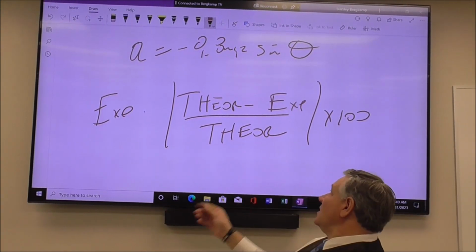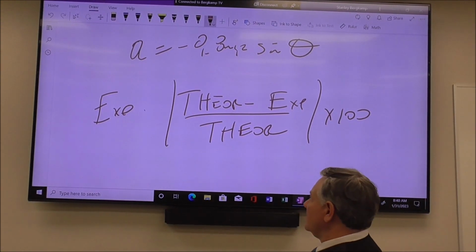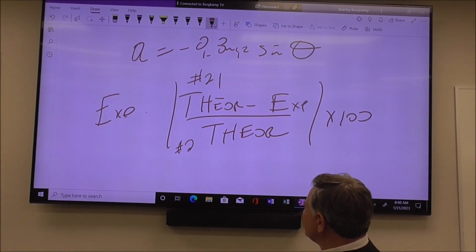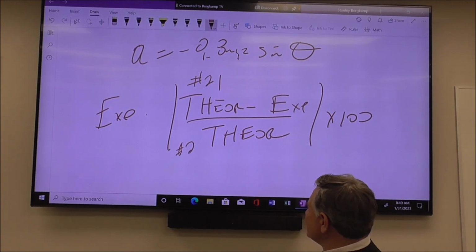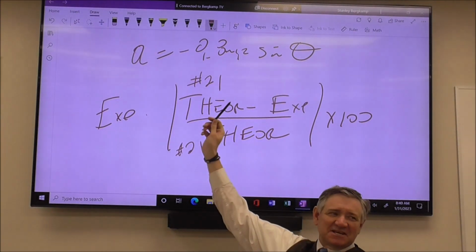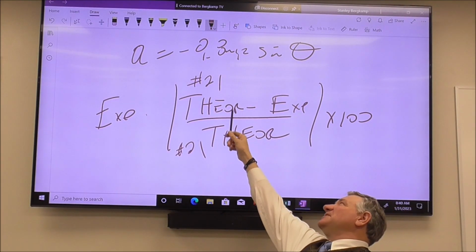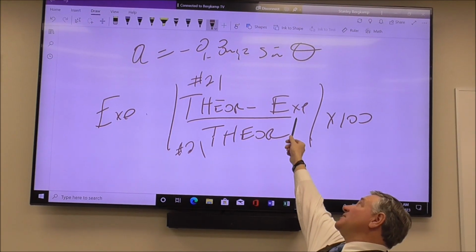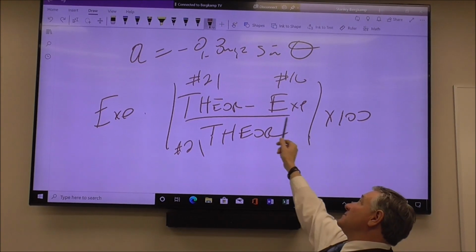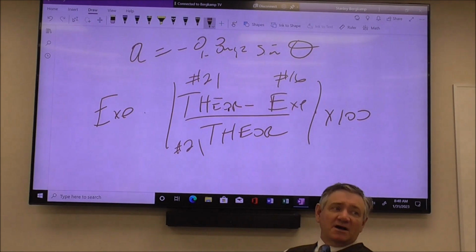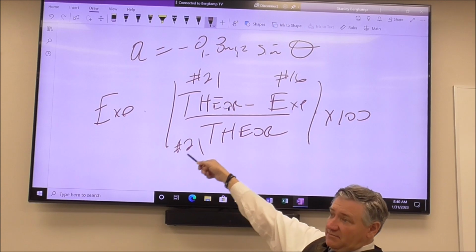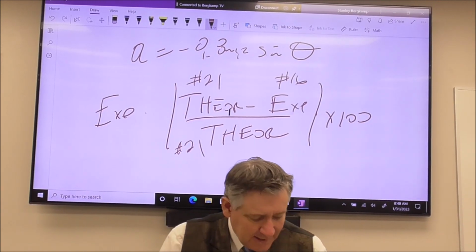So you take your answer from number 21, subtract your answer from number 16, divide by your answer to number 21, take the absolute value of that, multiply by 100. Now, what you have to be careful of is these are all negative values. So it's like a negative minus a negative divided by a negative, so pay attention to that.